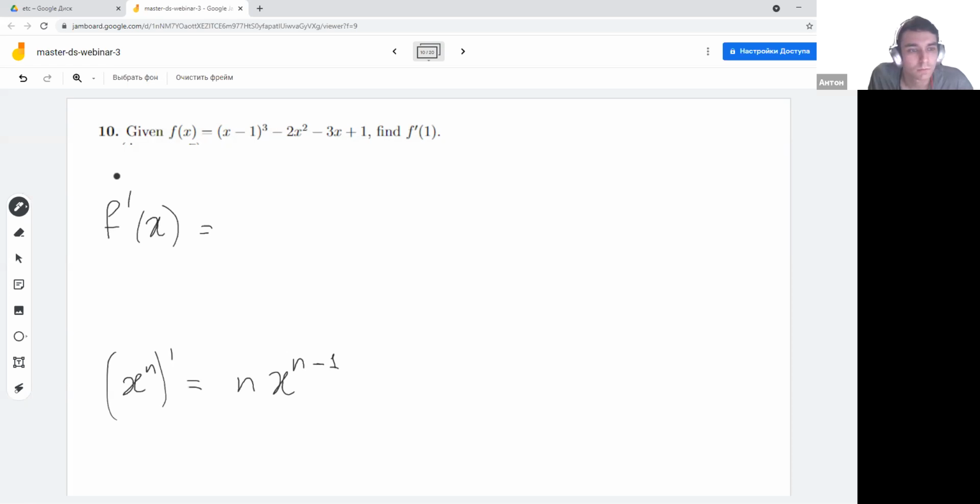Let me include this in the rule: if I have some number k times x to the power of n, then the derivative looks like k times n times x to the power of n minus 1. The derivative of a constant is 0. And what else? Well, and actually, for example, something like this.